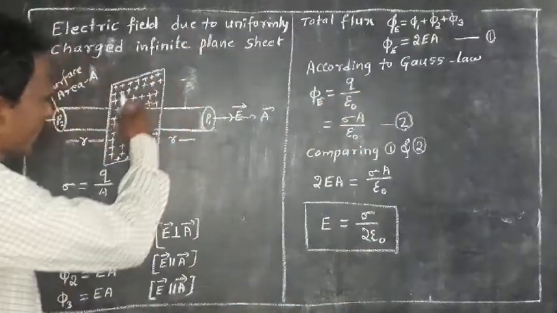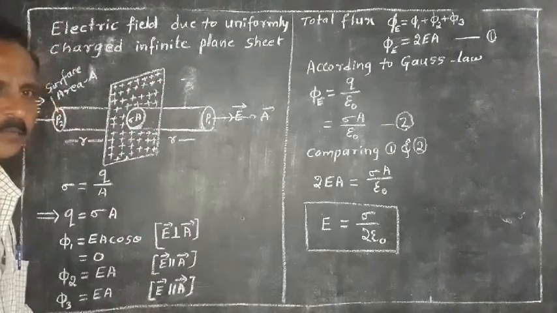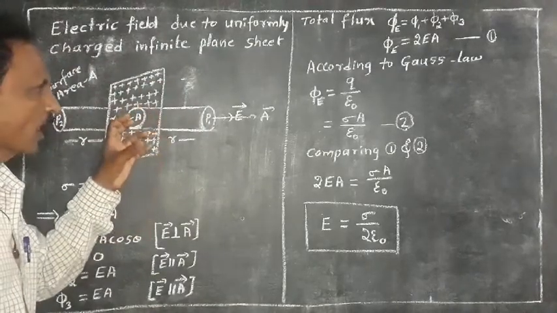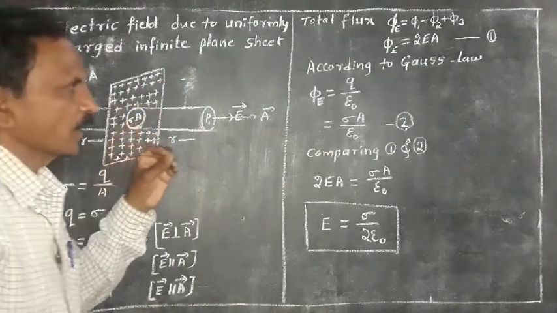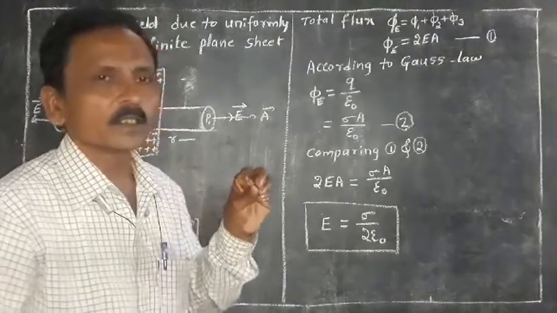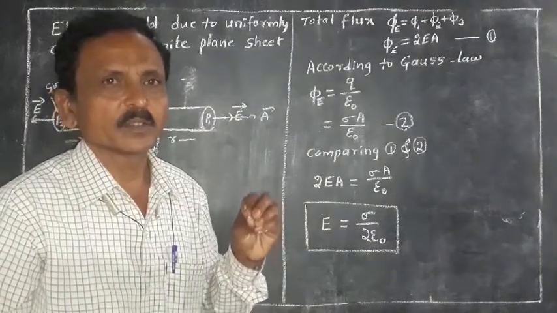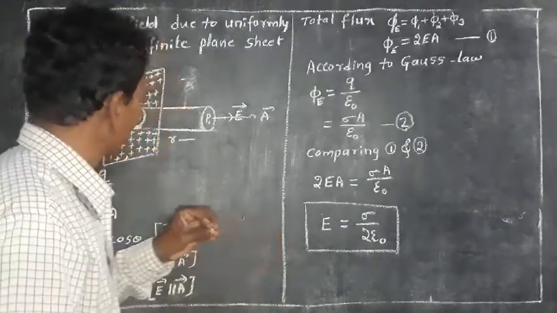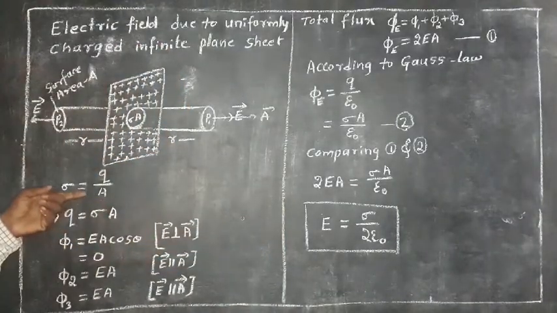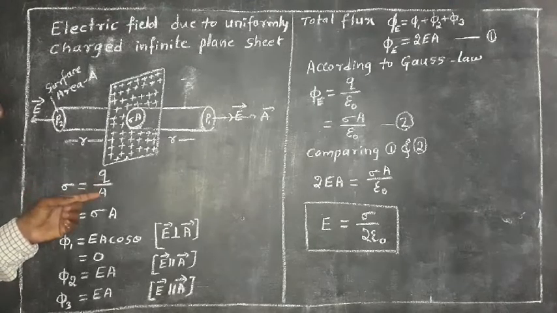Since here charge is uniformly distributed, the total charge is given in terms of surface density. According to the definition of surface density of charge, sigma equal to Q upon A, charge per unit area.